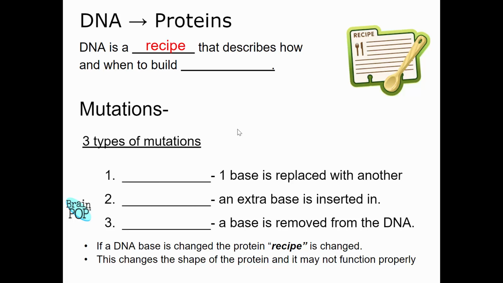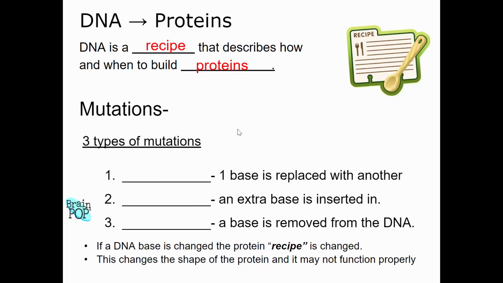Basically, DNA is like a recipe about how and when to build specific proteins in our bodies. Our body is made of proteins. They determine how our body works and what we look like, and DNA is the recipe to do those things. So if we change a base in DNA, we change the protein.